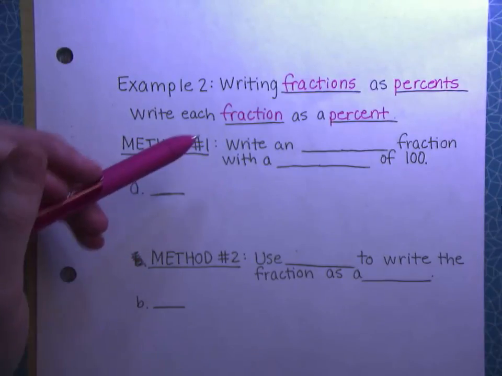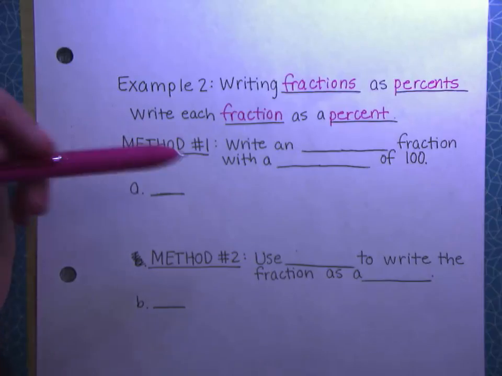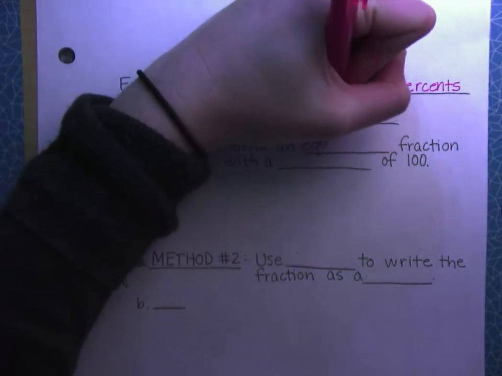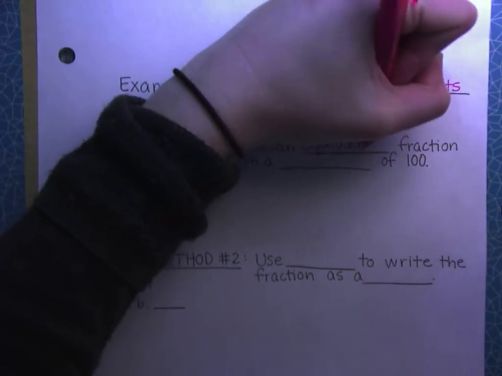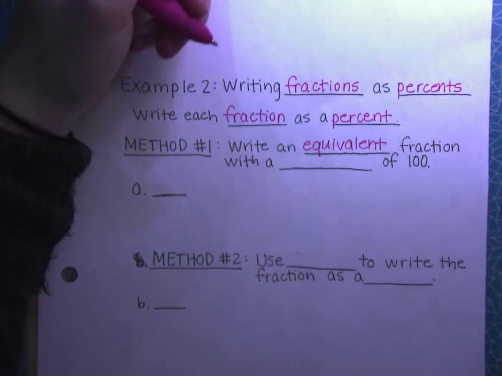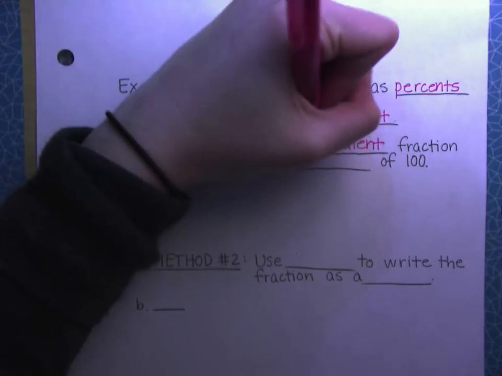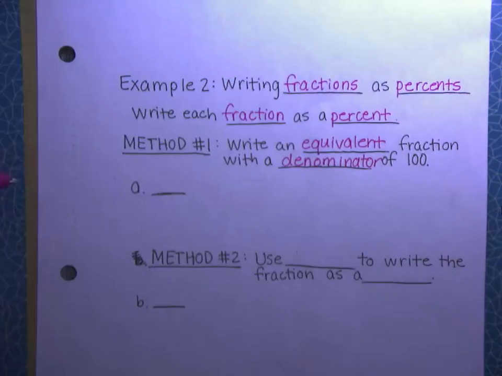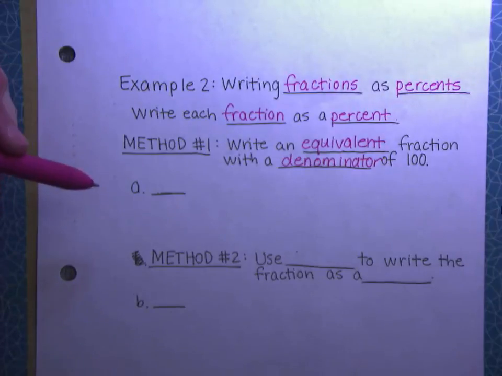The first thing is similar to what we did before. So you're going to write an equivalent fraction with a denominator of 100. And you'll see that that's pretty similar to the way that we went from a decimal to a percent.